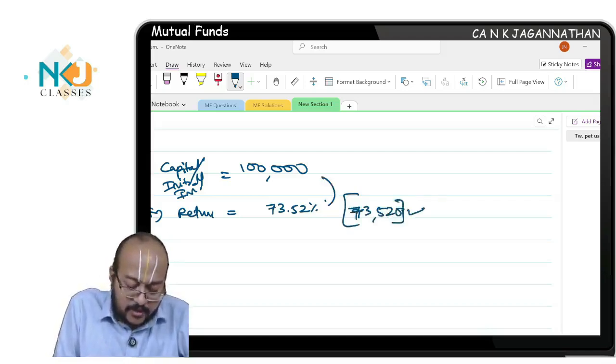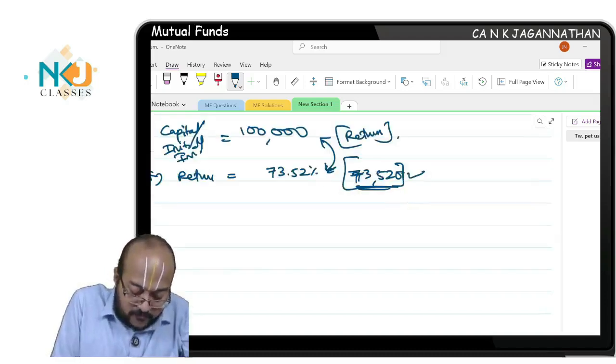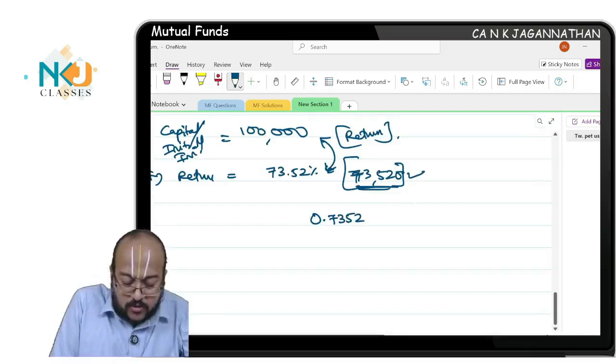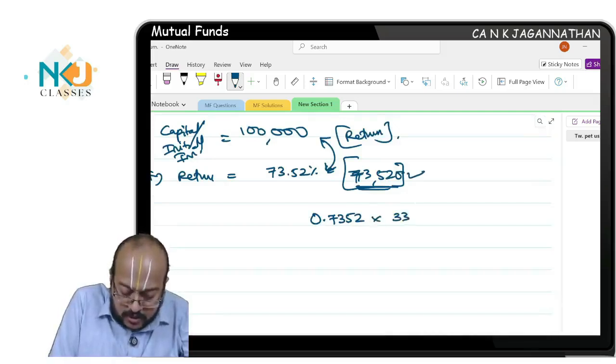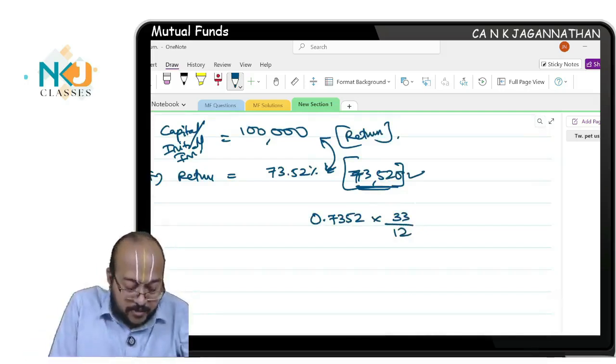You apply this here to get the return portion alone. The 73.52% you can write as 0.7352, multiplied by 33/12, and then you need to add 1 to that, because 1 lakh is the base.